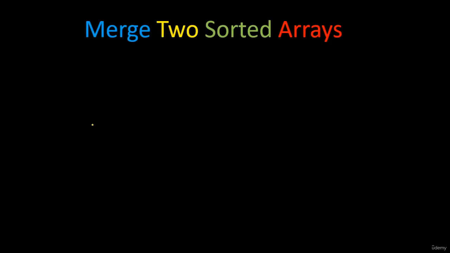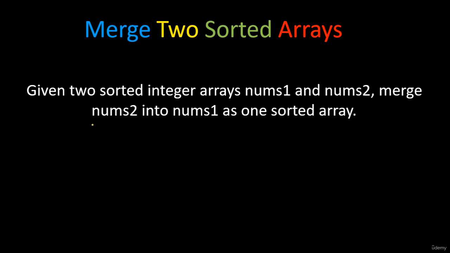In this video we're going to solve this question, merge two sorted arrays. This is the problem statement. Given two sorted integer arrays nums1 and nums2, merge nums2 into nums1 as one sorted array. In the array nums1 we have m number of elements.